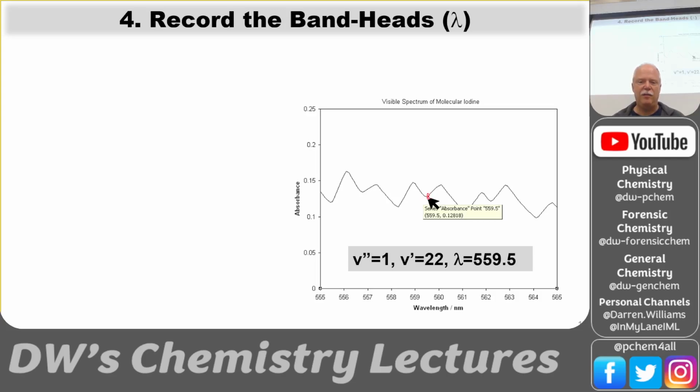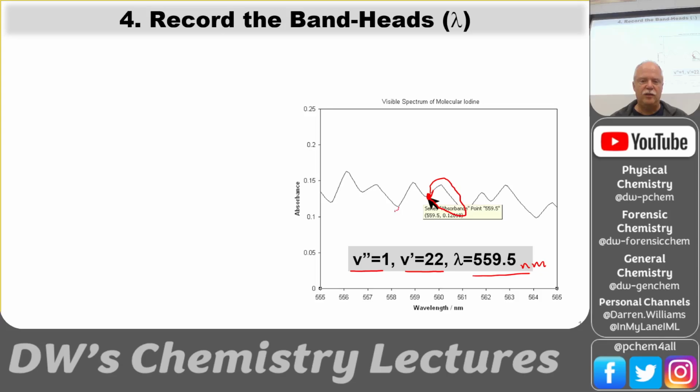I'm going to pick that minimum on the short wavelength side. So this peak is the one I'm labeling right here, and I'm picking the minimum on the short wavelength side, and it's 559.5 nanometers. And that happens to be coming from V double prime equals 1, going to V prime equals 22.